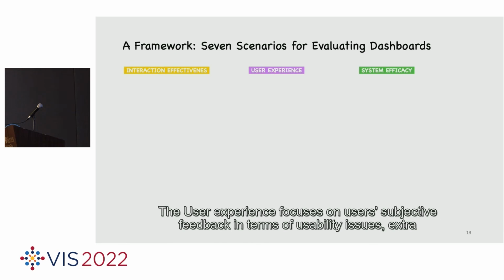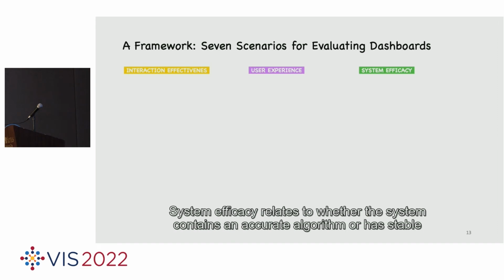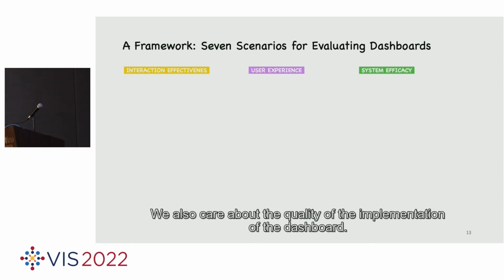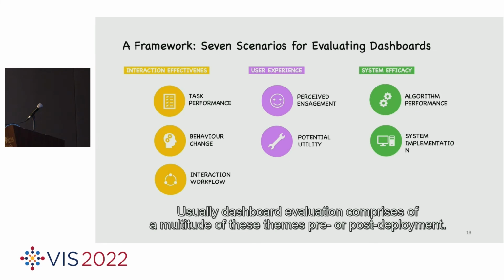The user experience focuses on users' subjective feedback in terms of usability issues, extra functionality to include, and the intent to engage with the system in the future. System efficacy relates to whether the system contains an accurate algorithm or has stable outcomes. We also care about the quality of the implementation of the dashboard. Usually, dashboard evaluation comprises a multitude of these themes pre- or post-development.